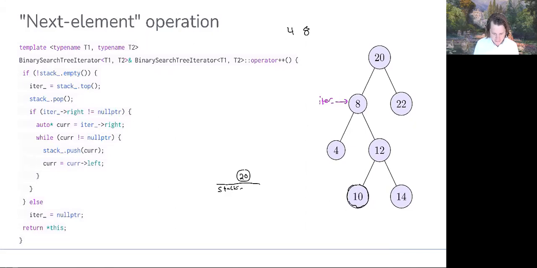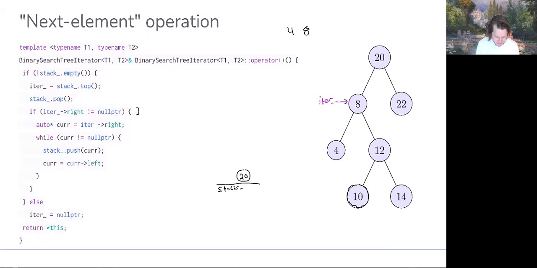Well, to do that, we're going to go ahead and check whether or not the current node has something to its right, because if it does, then it potentially has the node contained within it that would come next in our in-order traversal.